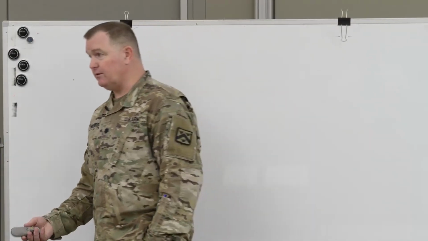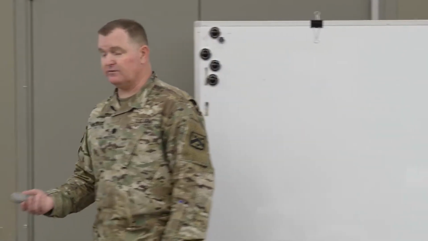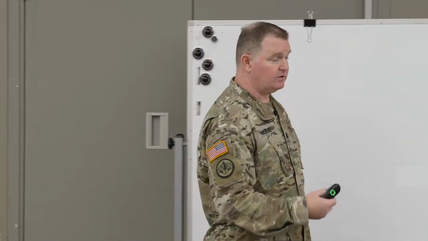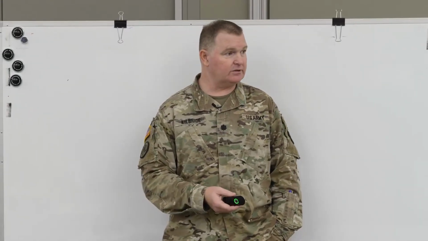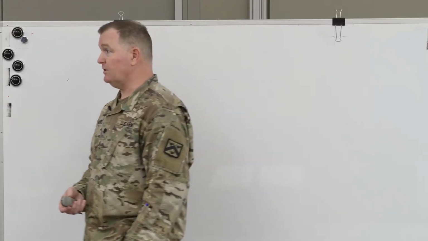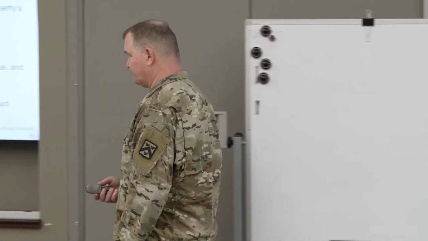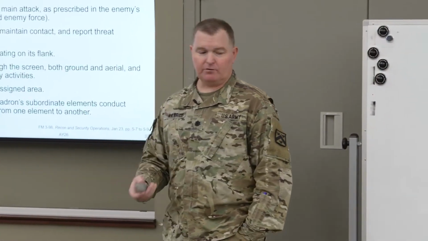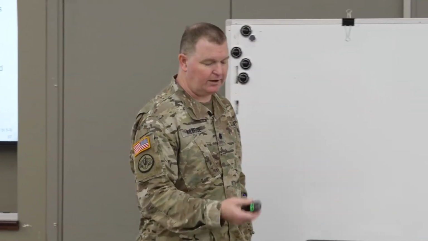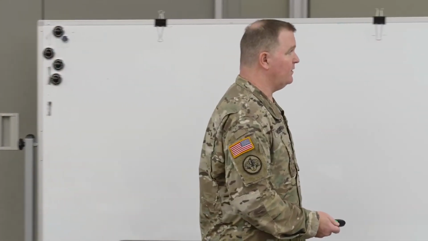The commander is going to own the risk with the lowest level of security provided to the main body by directing a screen. Within the screen, though, there are still offensive and defensive capabilities. There's still the tactical task of counter-reconnaissance, which is to clear, repel, destroy the enemy's reconnaissance assets within this security zone. So least level of protection, and you'll pull this list forward and apply it as necessary within the PE.